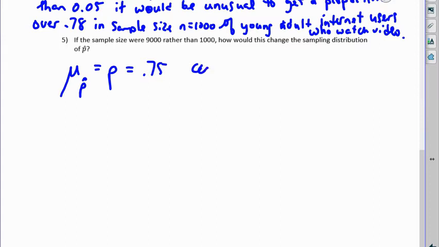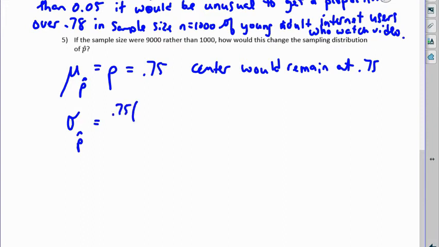So the center would remain at 0.75. What would the standard deviation do? We now have increased our sample size. That's going to take our standard deviation, our variability, and it's going to decrease it.